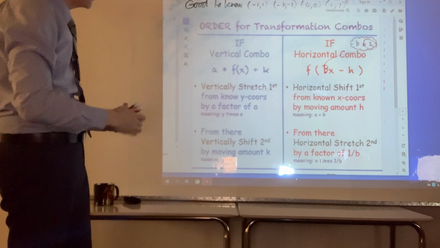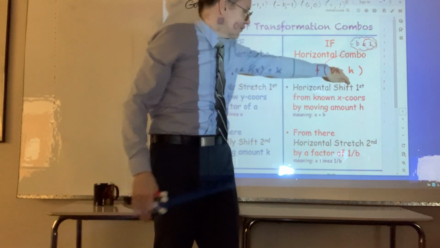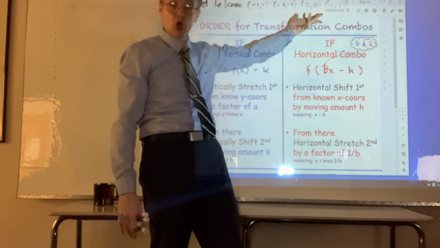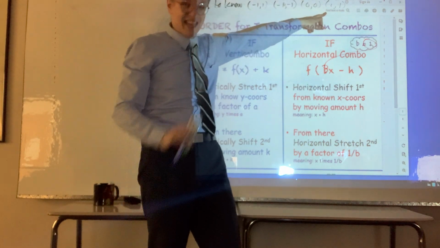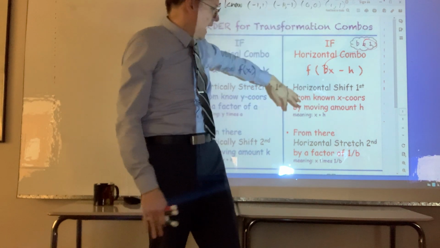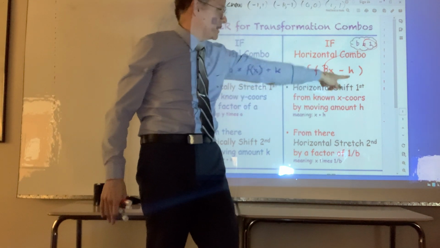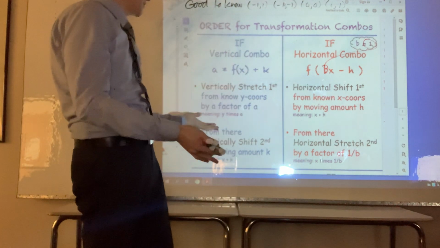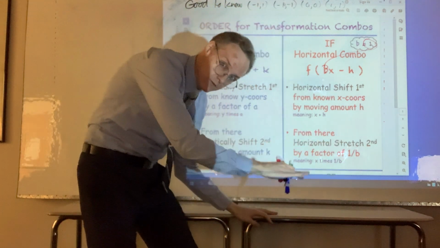But here's what is suggested to do. Horizontally shift first from the known x coordinates, so you take a couple that you happen to know: -1, 0, +1, the x's specifically. If you see a minus here, you add whatever that number is there. Then, though it would be kind of superfluous here, perform a horizontal stretch secondly.